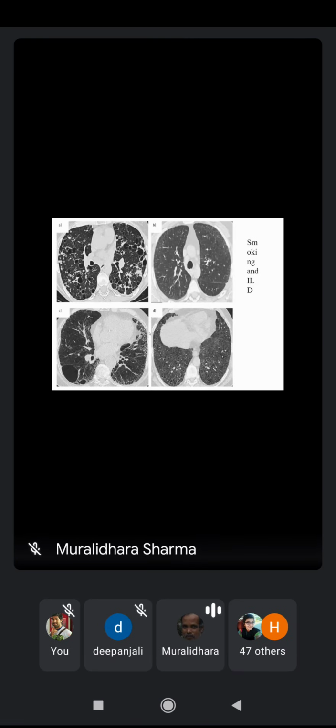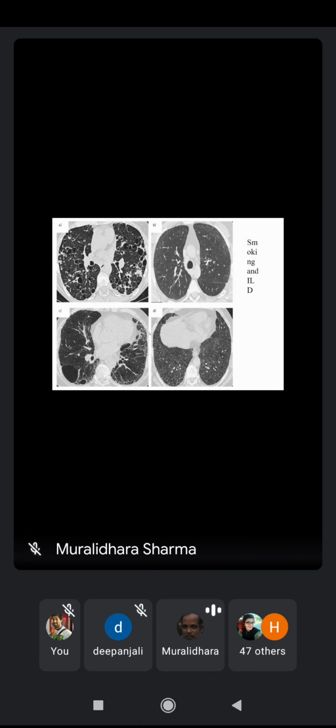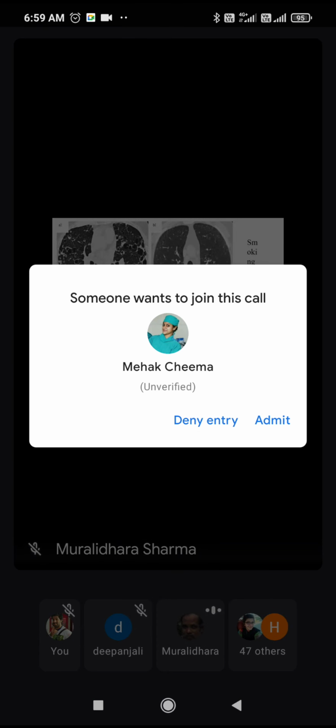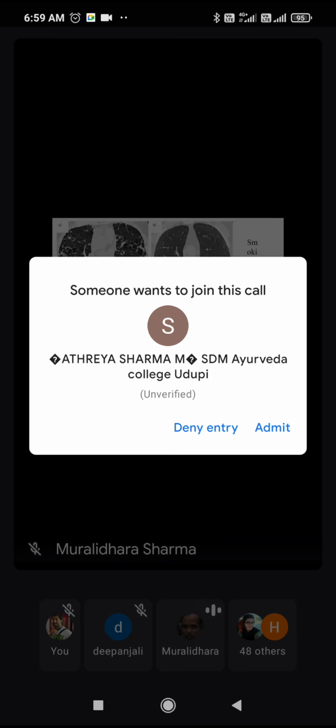Now, smoking and interstitial lung disorder. These are sets of four different patients, not of the same patient, where smoking can produce ILD, and the characteristic differences are, in the first image, you can see extensive fibrosis with a few emphysematous areas, areas where the air is loculated.